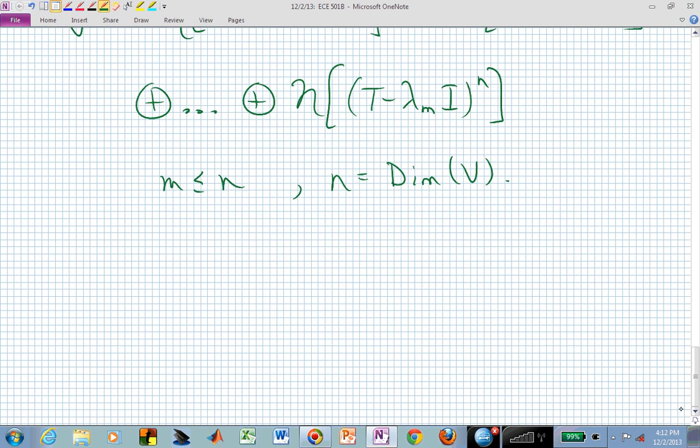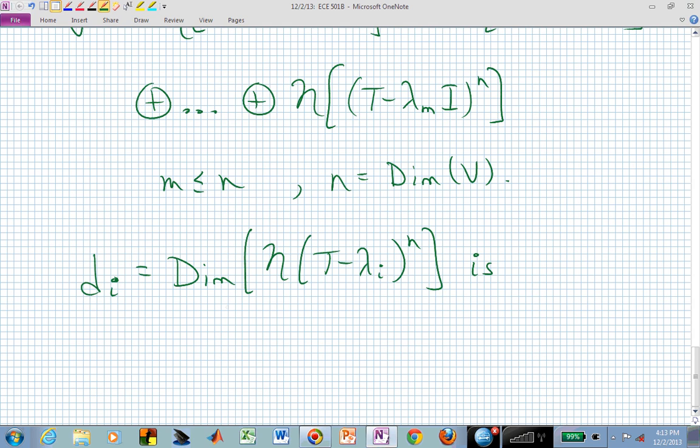Something else that we will use is this d sub i for notation. We'll define that to be the dimension of this null space associated with eigenvalue lambda sub i. So the null space of T minus lambda sub i to the n has a particular dimension, and that d sub i is going to be the multiplicity of that eigenvalue lambda sub i.